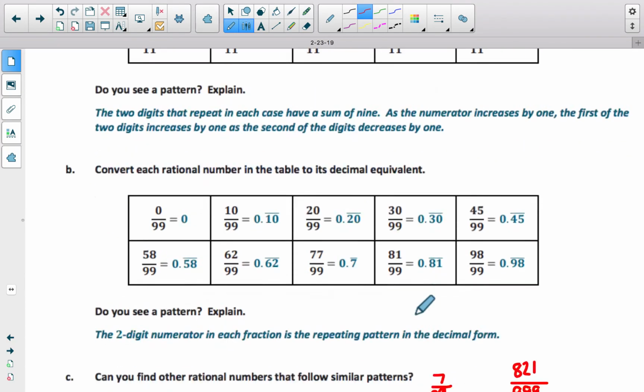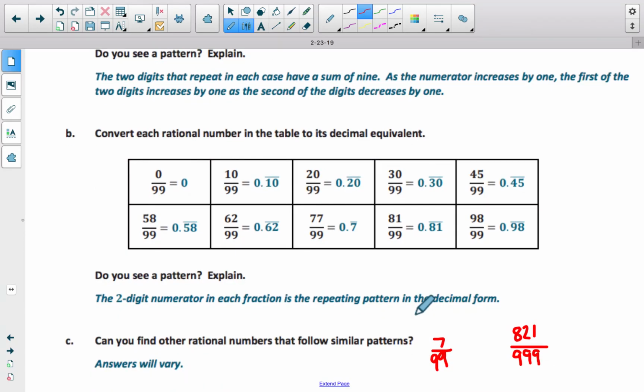So really this enrichment is all about pattern notification. And if you can notice this pattern, that's just additional tools in your tool belt. So you have multiple strategies to attack problems and you can attack them more efficiently.